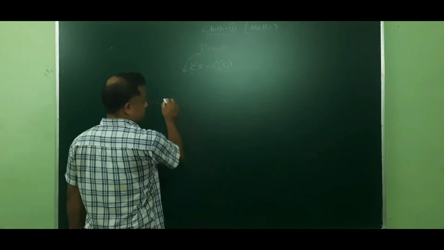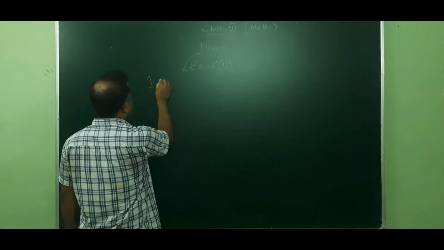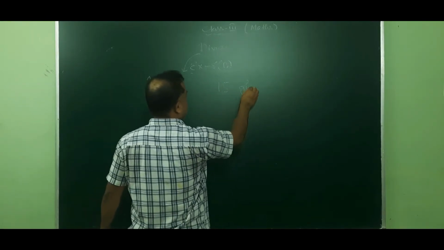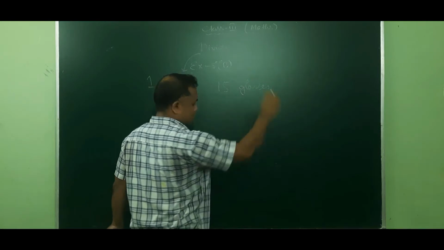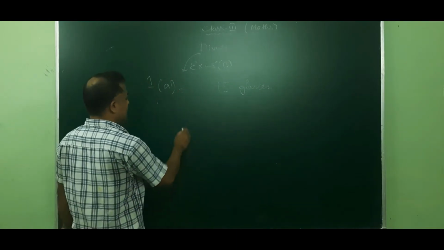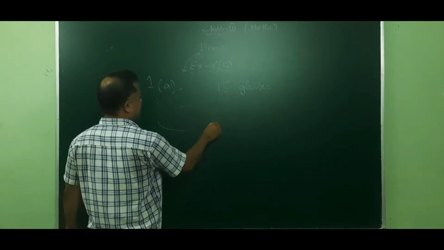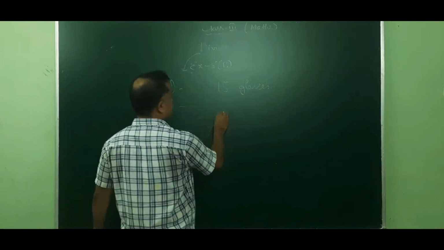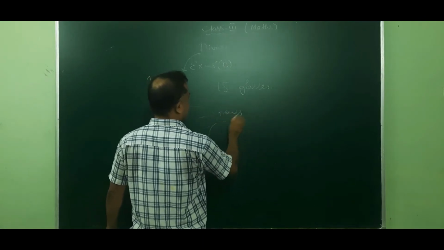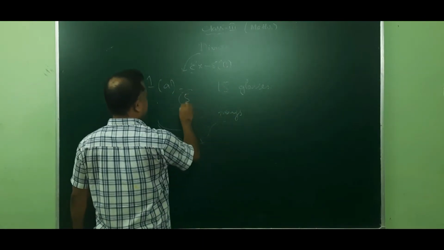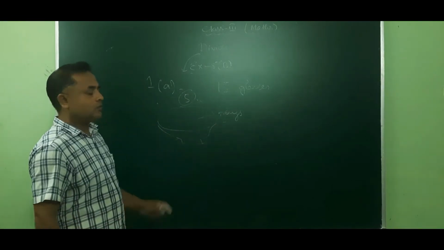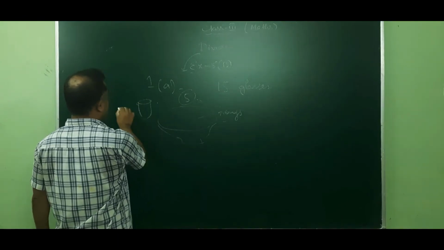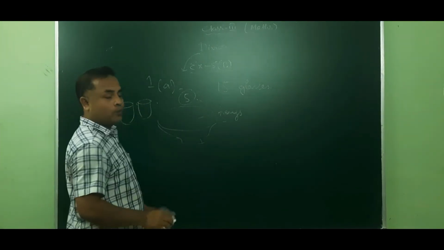Now here, question number 1a is given. There are 15 glasses and you are given 5 trays. So in each tray, how many glasses can you put?